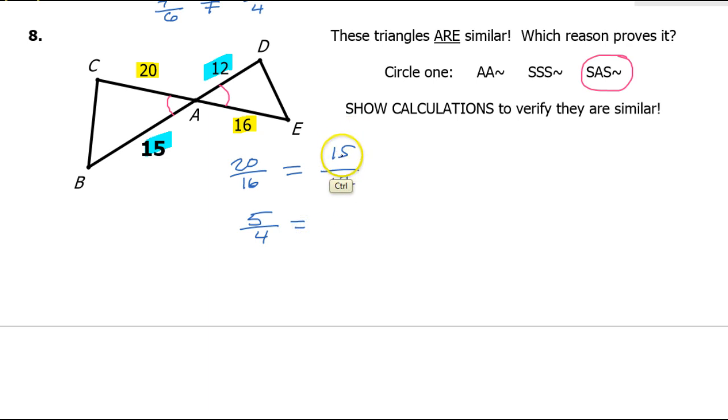Both of these are divisible by 3, so that's going to be 5 over 4. So we got the same number both times, so the corresponding sides are proportional. So we have 2 pairs of corresponding sides that are proportional, and the included angle is congruent. So there's your side-angle-side similarity.